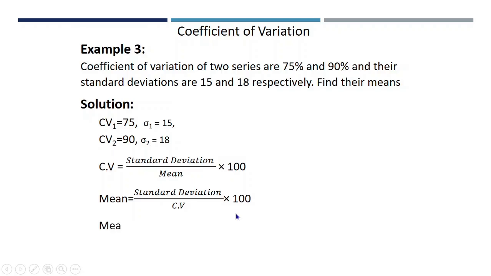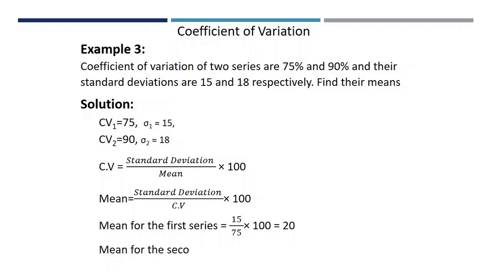Substituting the values, the mean for the first series is standard deviation 15 divided by coefficient of variation 75 into 100, which is 20. For the second series, the mean is standard deviation 18 divided by coefficient of variation 90 into 100, which is equal to 20. So both the series have the mean 20.